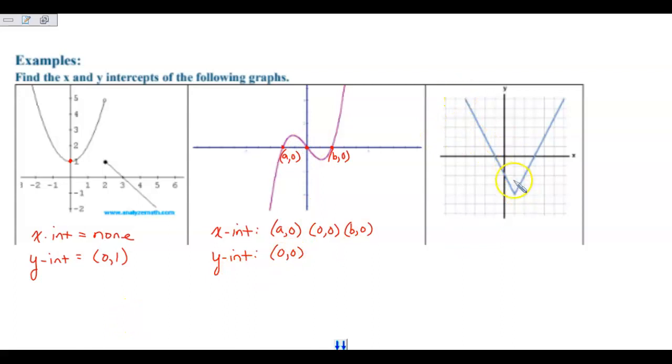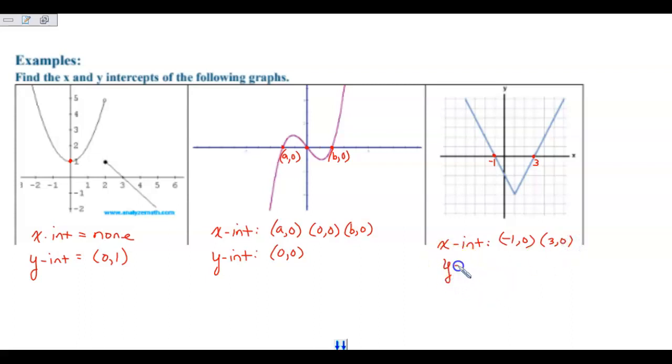When I take a look at this one, it's a V shape, and I'm looking for x-intercepts, and I see that it's crossing twice. That's at -1, and again here at 1, 2, 3. So my x-intercepts are at (-1, 0) and at (3, 0).